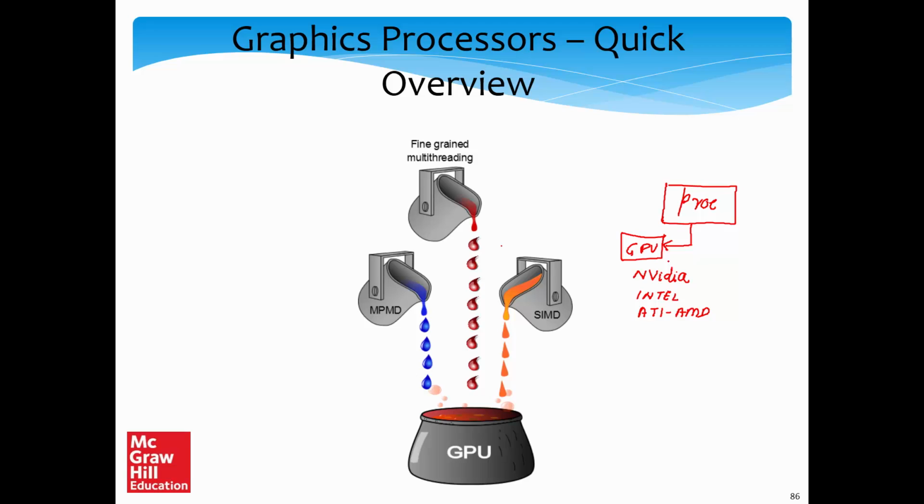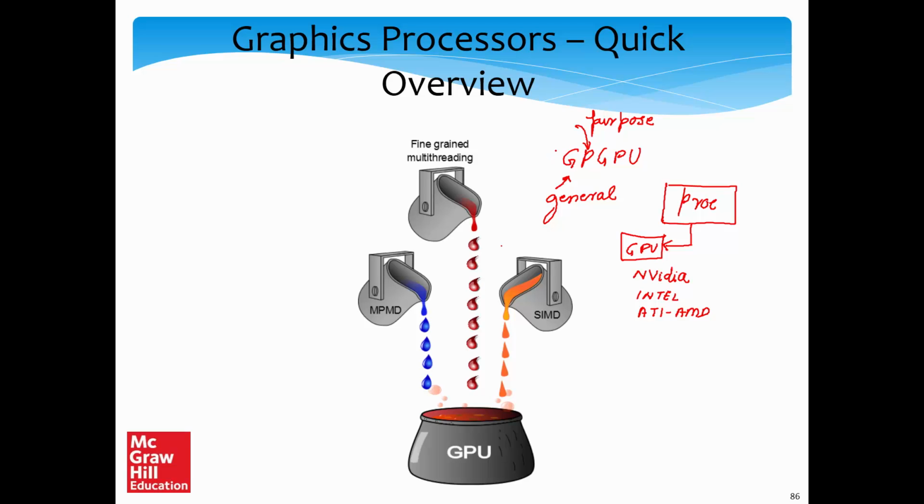That's how, instead of GPUs, graphics processing units, we now have GPGPUs, where GP stands for general purpose, and GPU is graphics processing unit.